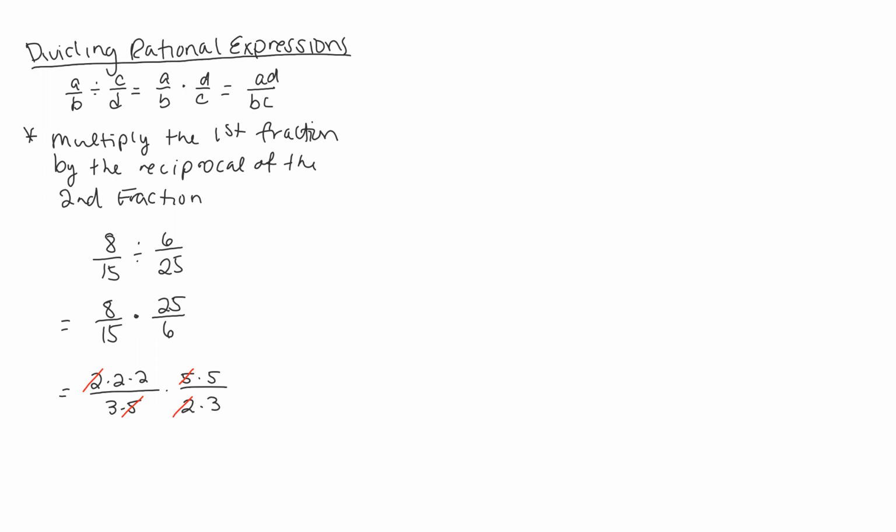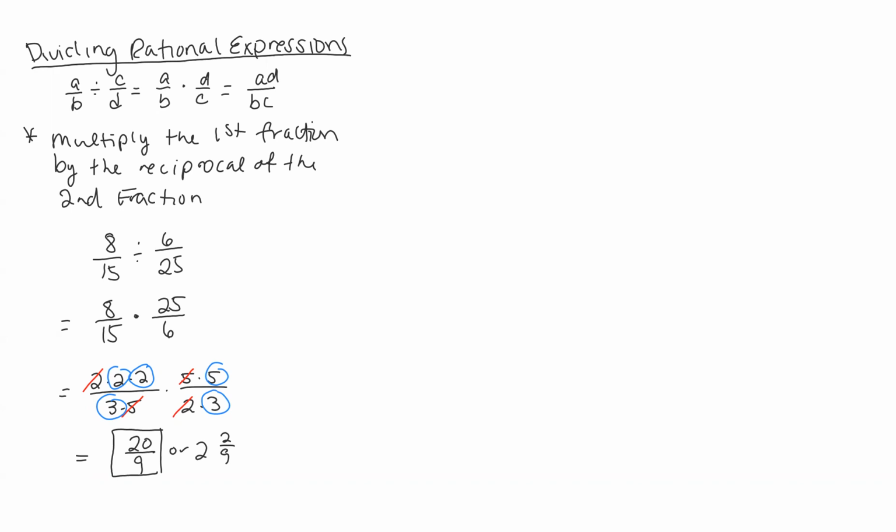My denominator's 3s. So I'm left with a 2, a 5, and then a 3 and a 3. So my final answer is going to be 2 times 2, which is 4. 4 times 5, which is 20. My denominator is going to be 3 times 3, which is 9. So 8/15 divided by 6/25 is the same as 20/9, or 2 2/9.